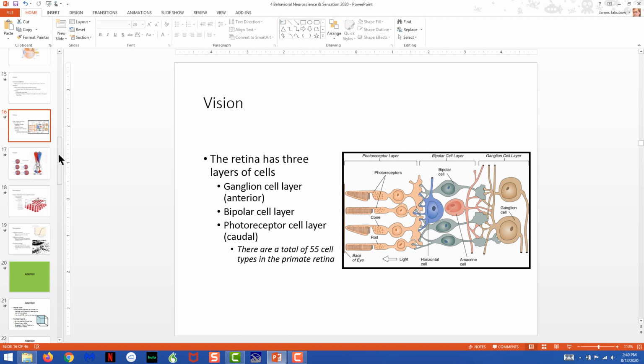And the photoreceptor cells only come in 2 forms, rods and cones, as we were just talking about. But then there's going to be, in terms of primates such as ourselves, 55 different types of cells inside of the bipolar cell layer, which is going to complicate the manner in which signals get sent back to the brain and what it actually does.